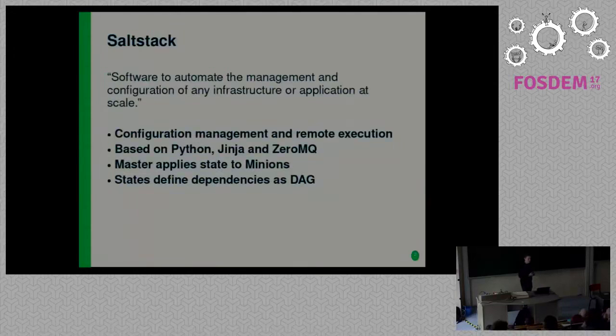So Salt is a configuration management software and remote execution engine. It's similar to other projects like Ansible, Puppet, Chef. It does a few things different than others, but whatever. It's based on Python, Python's templating engine, and ZeroMQ. And the underlying principle is a master applying state to minions, so it's push-based.